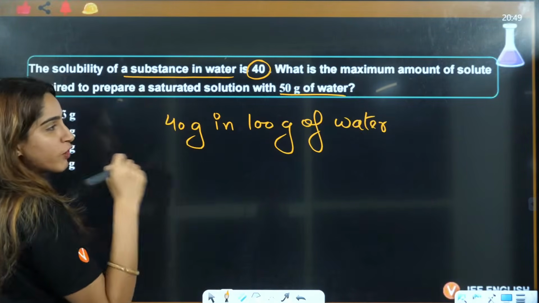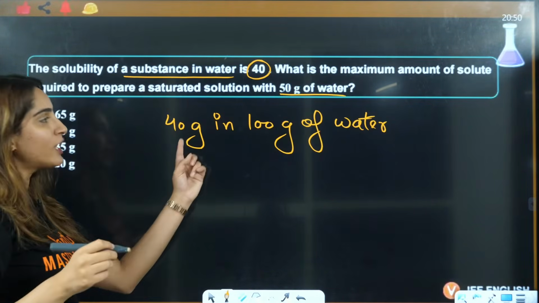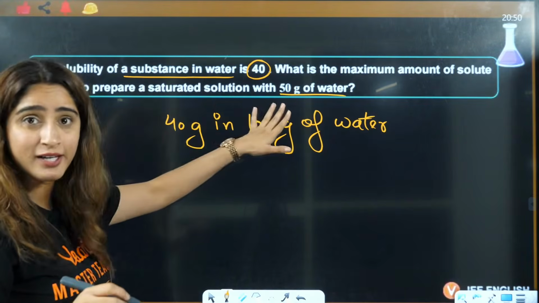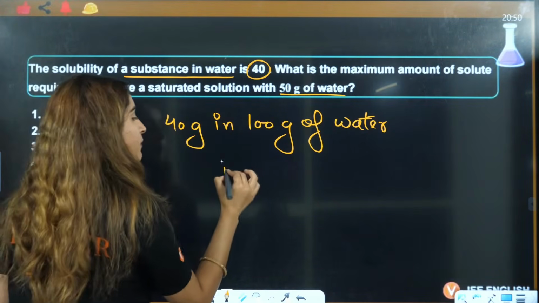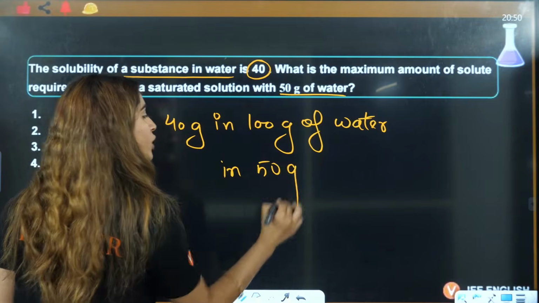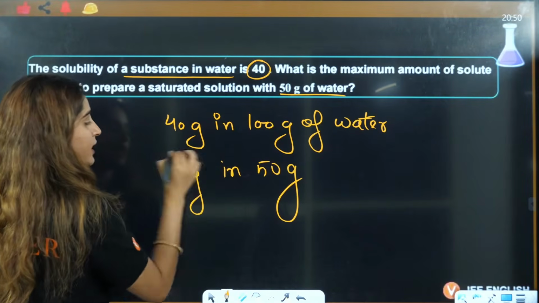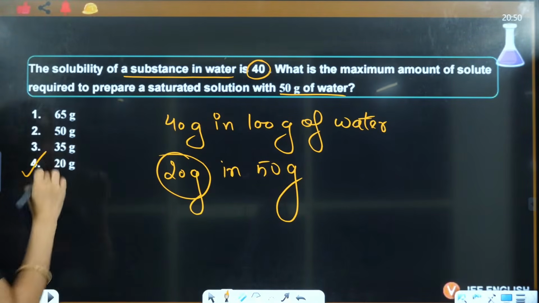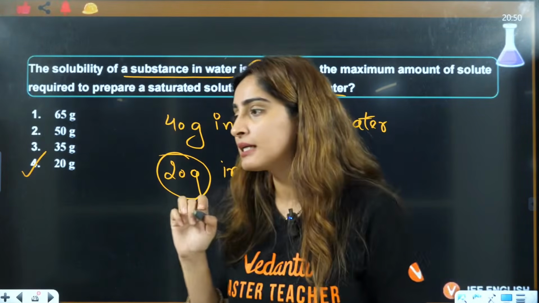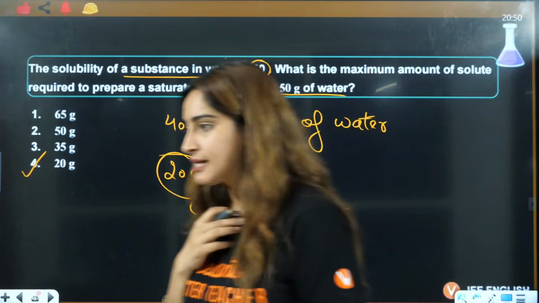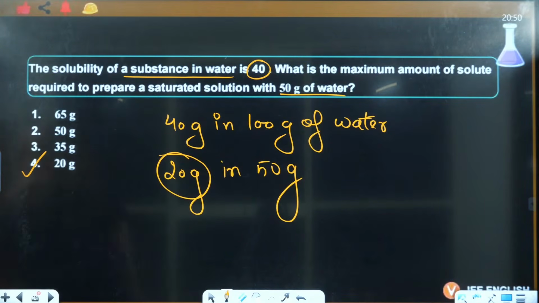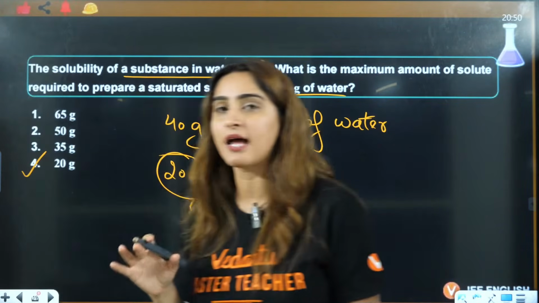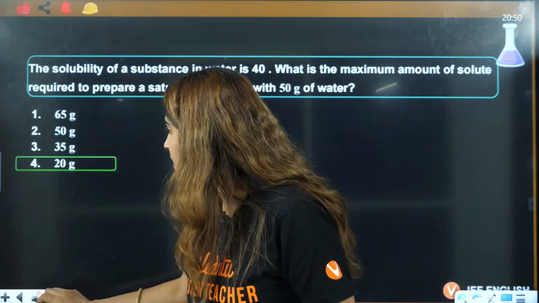Now you want it for 50 gram. So if for 100 gram you have 40 gram, for 50 gram you will have 20 gram. So 20 gram is the correct answer here. Is that clear? Answer D, that is 20 gram, is the correct answer.